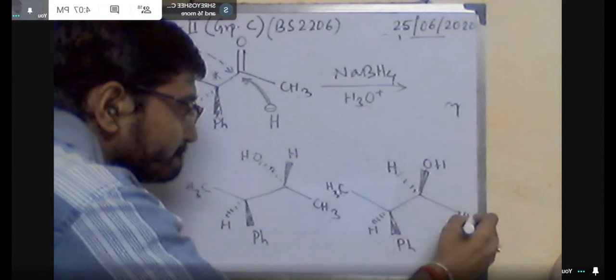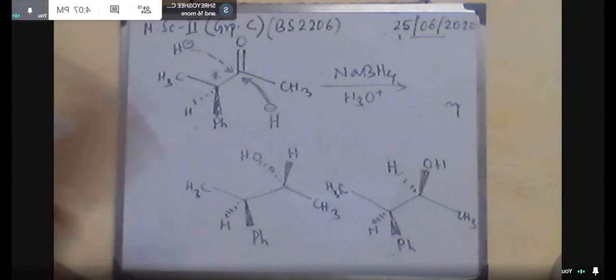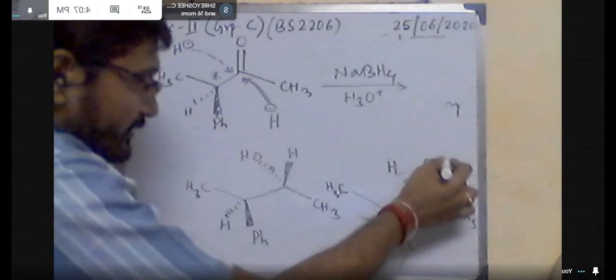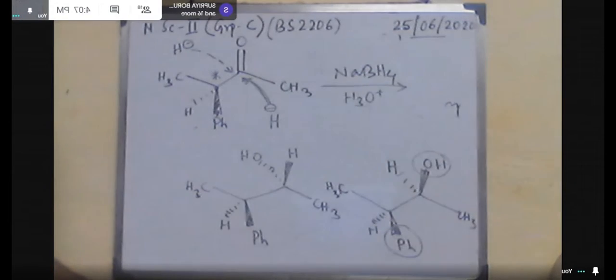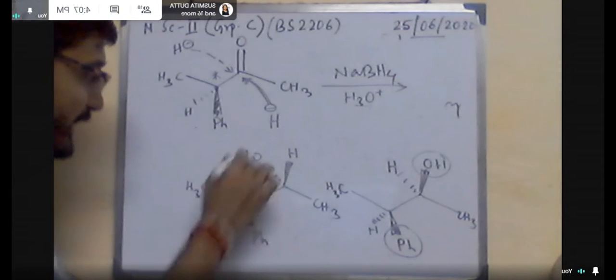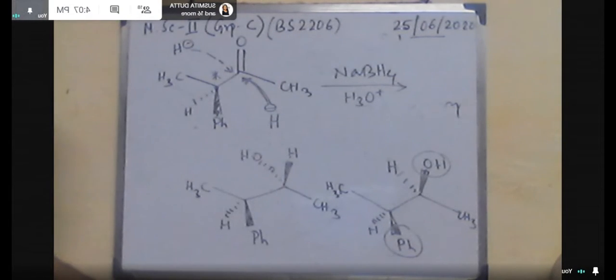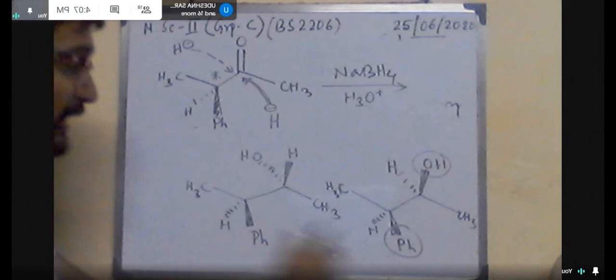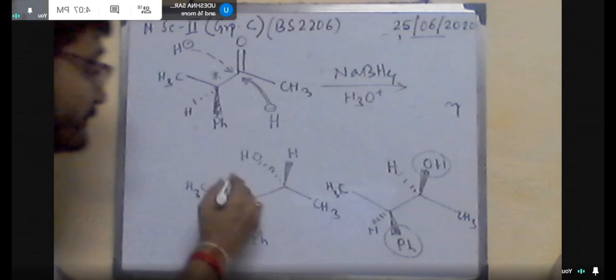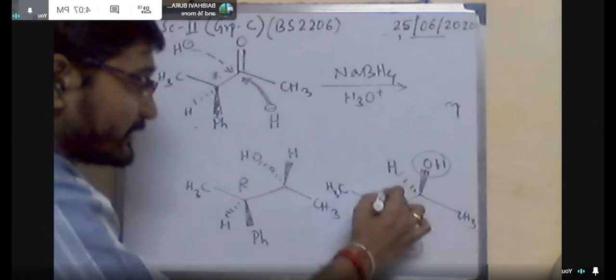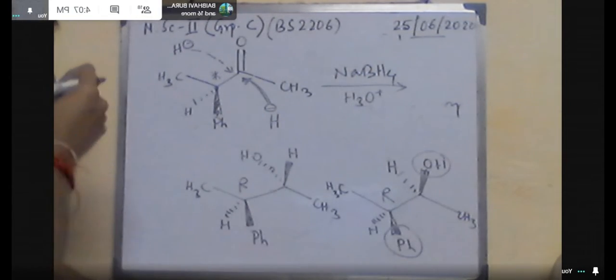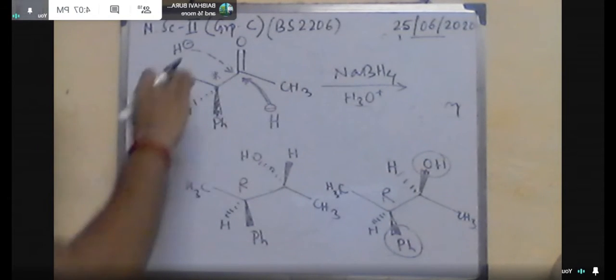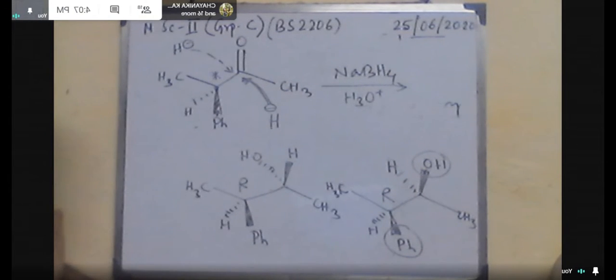So the configuration of the new chiral center is R. Similarly, for the configuration of this new chiral center, this is 1, 2, 3, 4. We know 4 is plus and 1, 2, 3 is anti-clockwise rotation, that means minus. So plus into minus is minus. So the configuration will be S. So you can see this is RR, this is RS. They are no longer enantiomers, they are diastereomers.